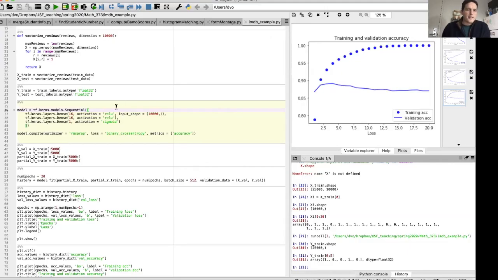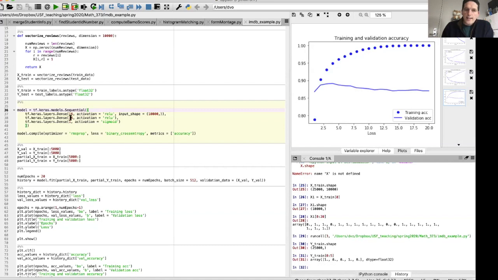So now here's the point in the code when we are creating our neural network. And these lines of code where we're creating our model correspond exactly to the picture we were just looking at. So there's going to be the first hidden layer that has 16 nodes. We have 10,000 inputs to the first hidden layer. And each node in the first hidden layer is going to use the ReLU activation function.